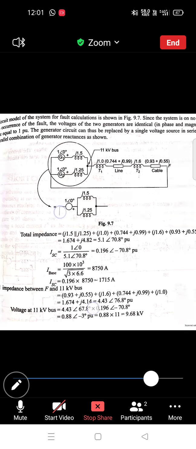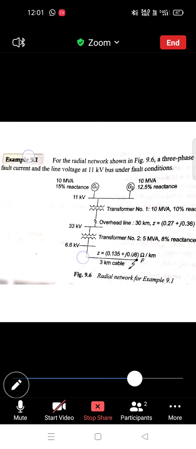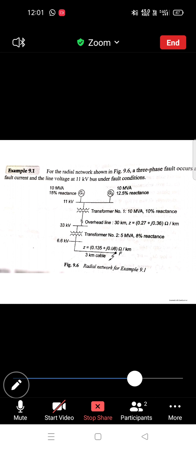Now we got the impedance. What was asked in the question is the fault current and the line voltage at the 11 kV bus. So how can we find the fault current? Fault current is basically the voltage divided by impedance, right?